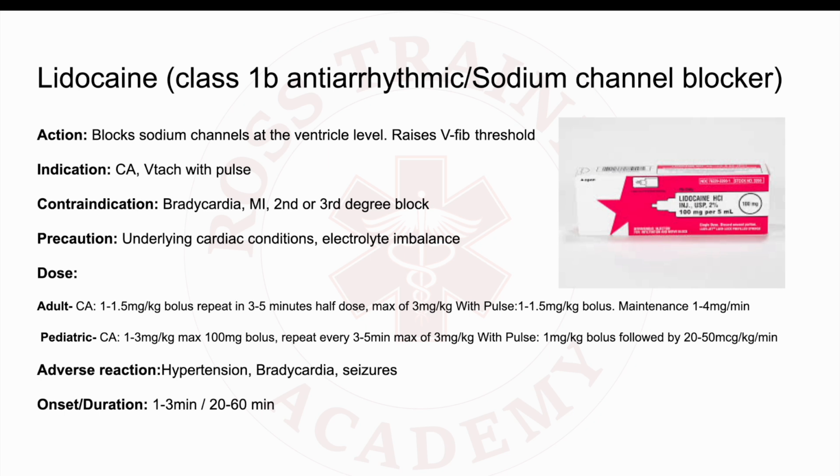And then for the pediatric patient in cardiac arrest, 1 to 3 milligrams per kilogram, max of 100 milligrams, and then repeat every 3 to 5 minutes for a max of 3 milligrams per kilogram. And then pediatric with a pulse, 1 milligram per kilogram bolus, followed by 20 to 50 micrograms per kilogram a minute infusion. Some adverse reactions are going to be hypertension, bradycardia, and seizures.